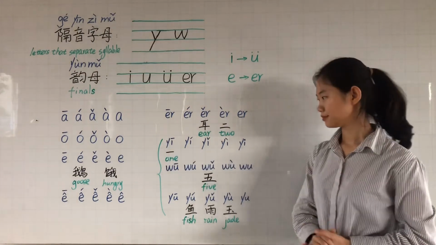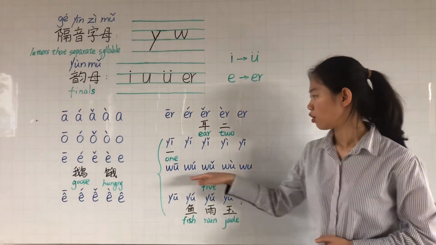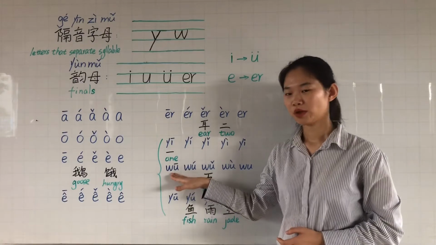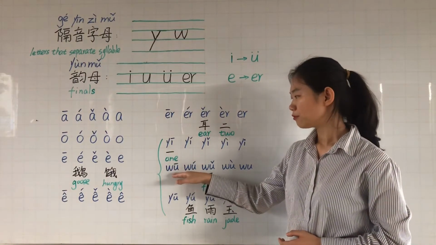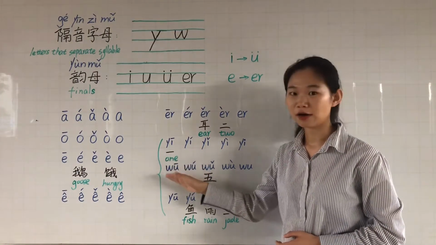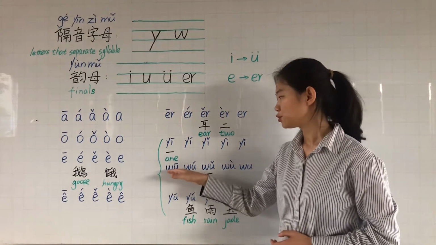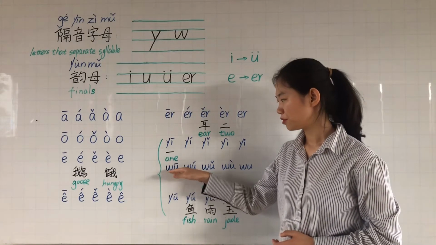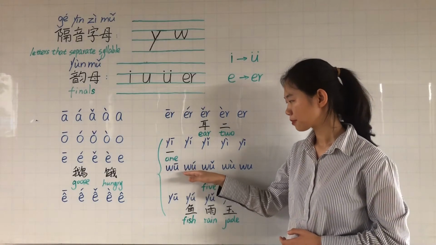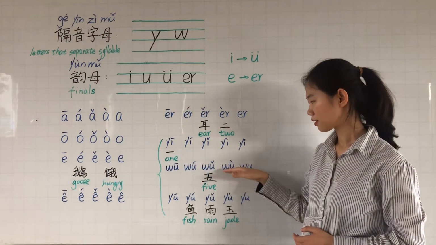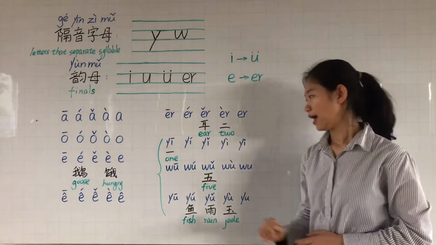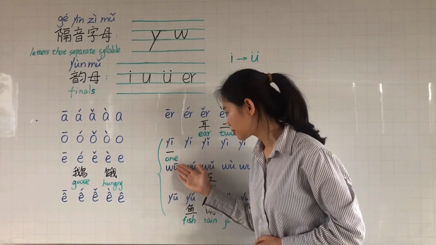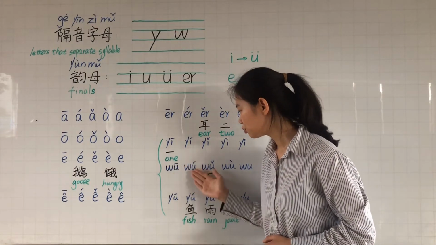Okay, the second one, u. When u forms a syllable by itself, we need to place w before u. Okay? And put the tone mark above u.